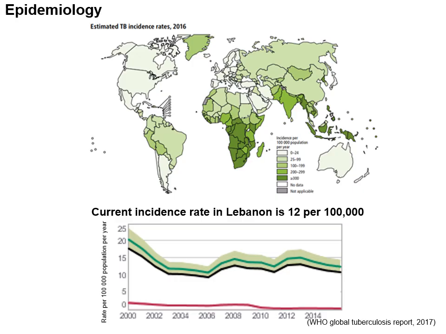Now, the global burden of tuberculosis is in Africa. This is a hub for the disease, as well as some other areas of the world. In Lebanon, the current estimated incidence is about 12 per 100,000.